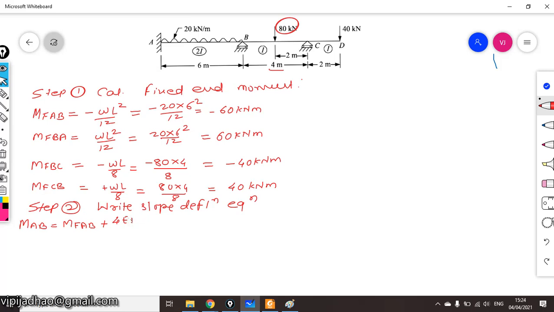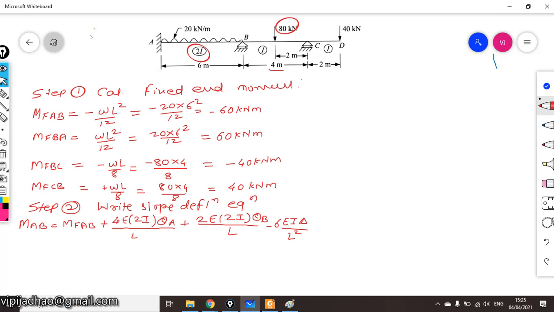Here the I will be twice I, because the moment of inertia for span AB is given as twice I, therefore 4E into twice I, and 2E, again twice I, multiplied by theta of far end divided by L.